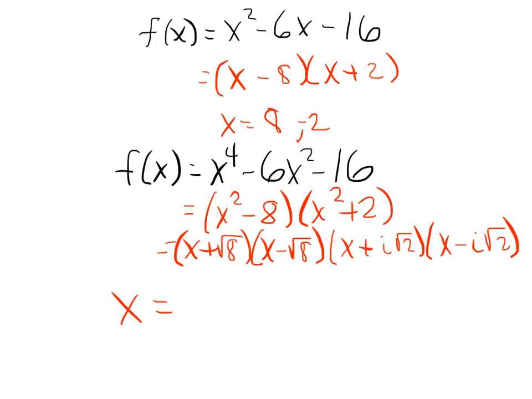I have x to the first in every single term. And my solutions, or roots, or zeros of this polynomial would be x equals plus or minus the square root of 8, which we can write as 2 square root of 2, and plus or minus i square root of 2. Again, according to the fundamental theorem of algebra, I have 4 solutions.